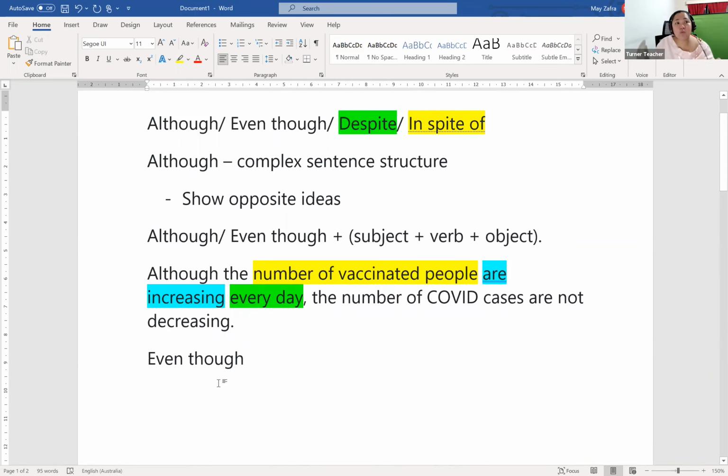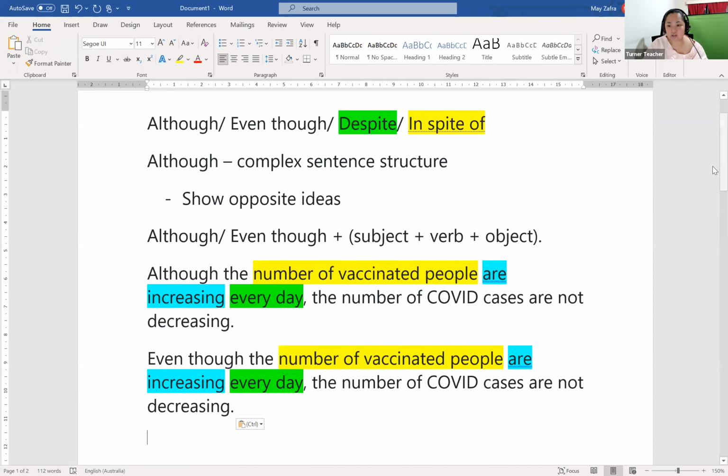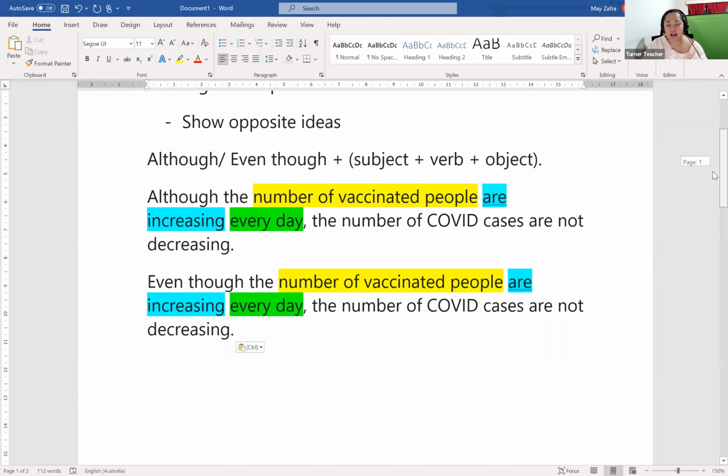But if you want to use another word for although, you can just use even though. Even though the number of vaccinated people are increasing every day, the number of COVID cases are not decreasing. So they are exactly the same way you can use.